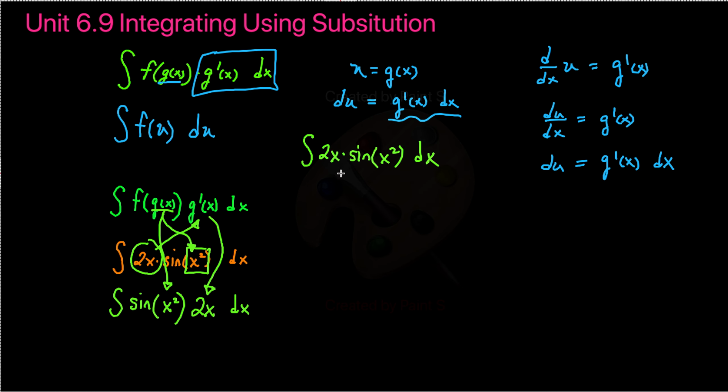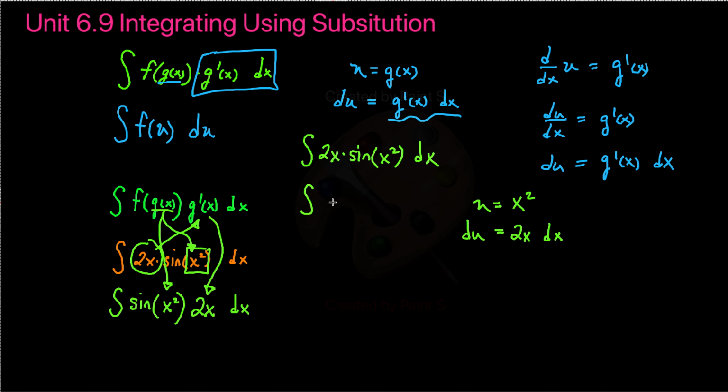If you look at this, you sort of think to yourself, okay, well, you want to make u the thing that when you differentiate, it is this other part here. So in this case, u is just x squared. And then du is 2x dx.